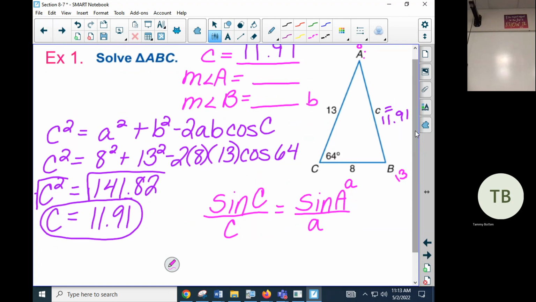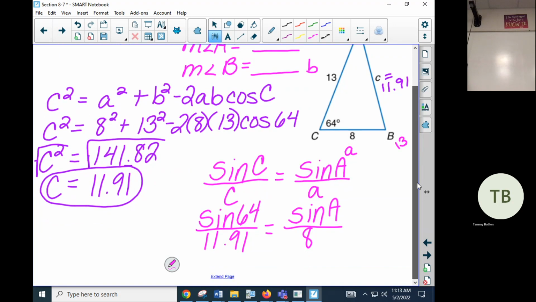Now if I substitute in what I know, angle C is 64, little c is 11.91, sine of A is what I'm looking for, and little a is my 8.